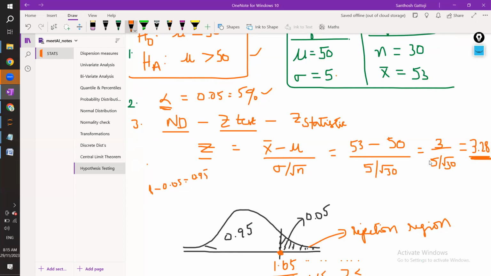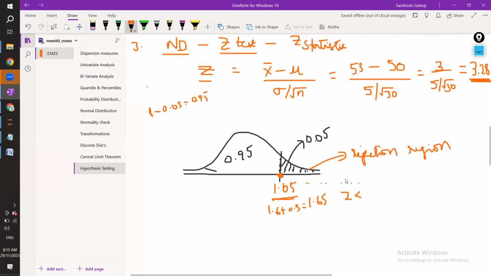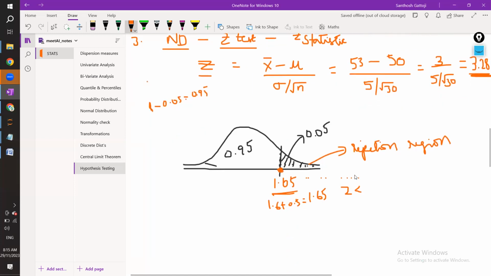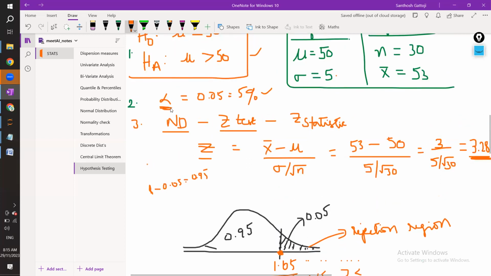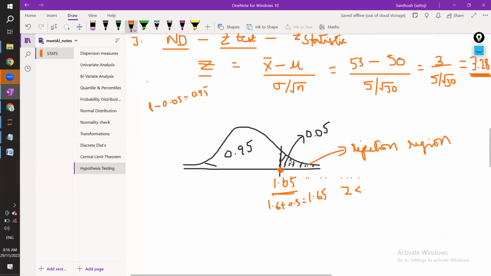But coming to our distribution, we need to calculate a rejection region or a critical region. Because of alpha, that is where we can go wrong. From the overall distribution, that region is 0.05.